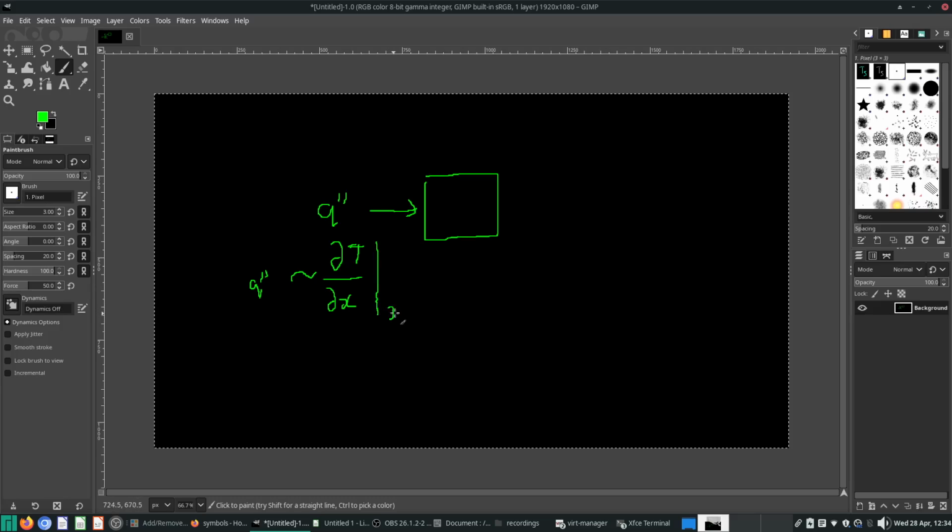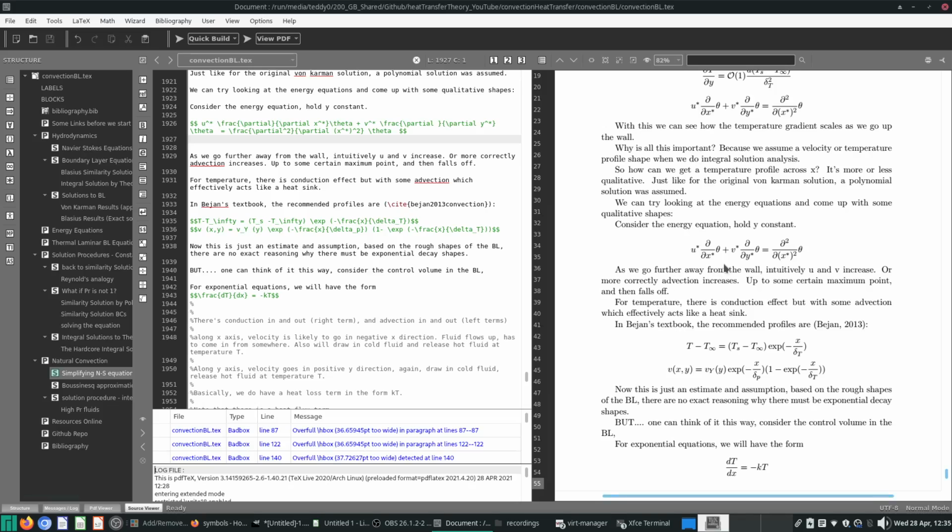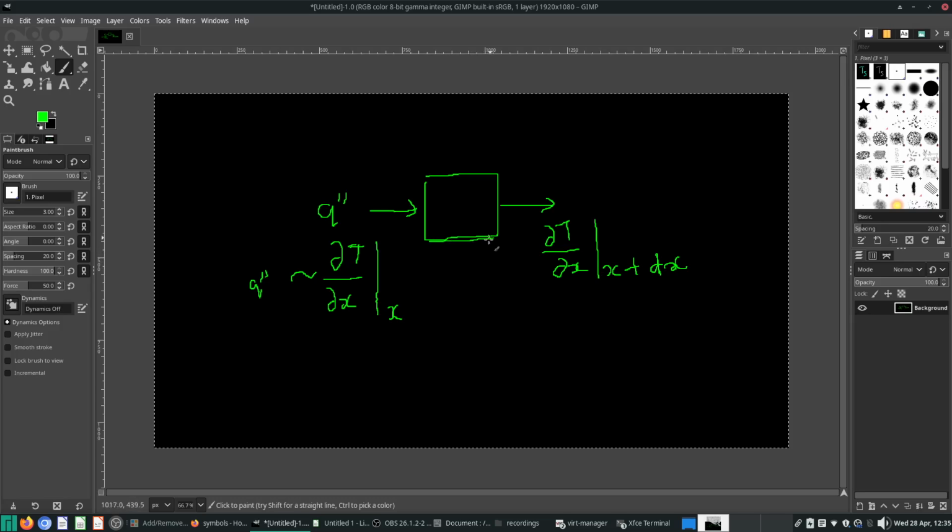So this will be at x, and what is leaving is at x plus dx. Okay, so good thing over here we will have a v star term. v star is all on this side, top and bottom.